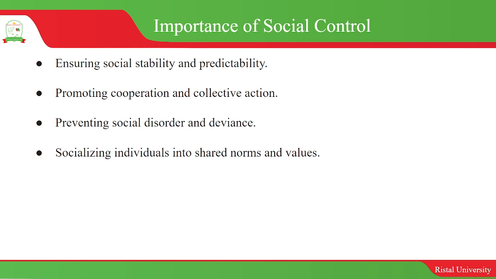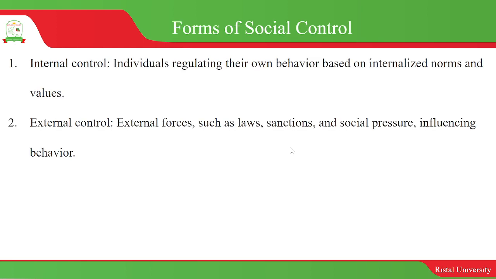Now, if we have a breakdown in social institutions that ensure social control, then we are going to have social disorder, defiance, instability, things like that. These are things that you don't want to happen in society.